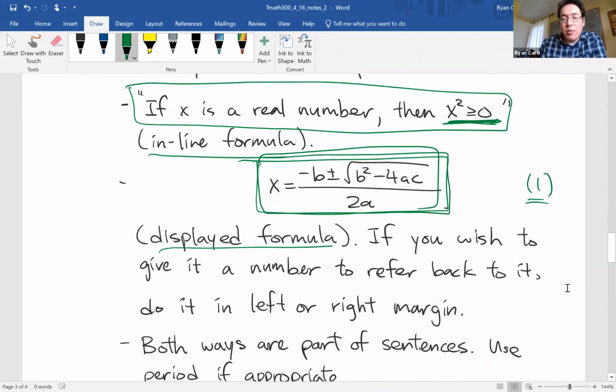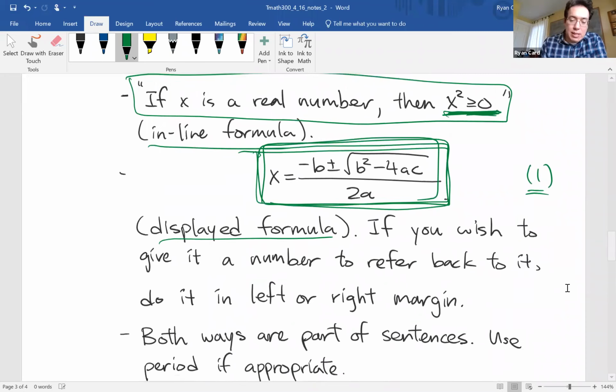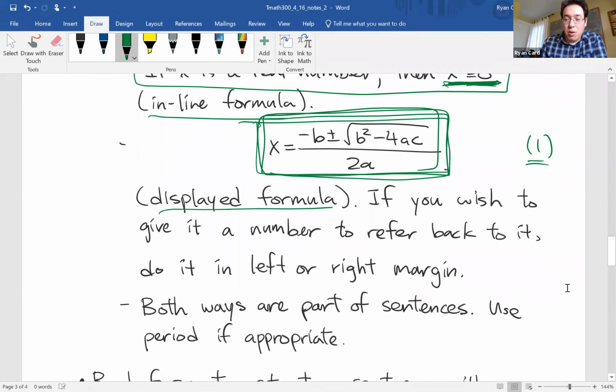Either way, whether you're doing the inline or displayed formula, these are parts of English sentences. So you can put a period if it's appropriate, right? After the equation, if that's where you want the sentence to end, you can put a period there.